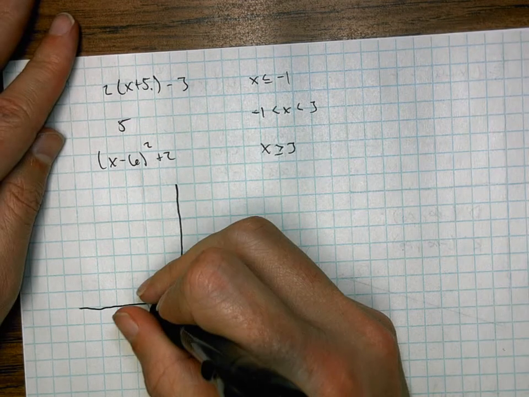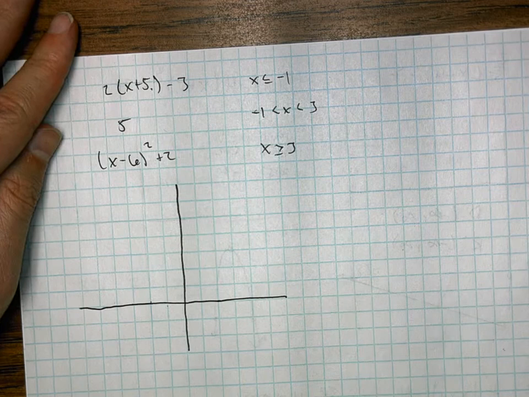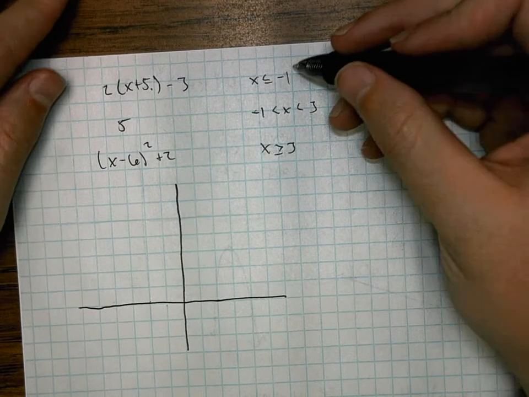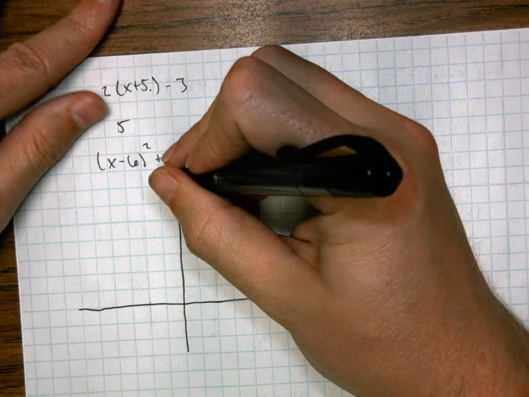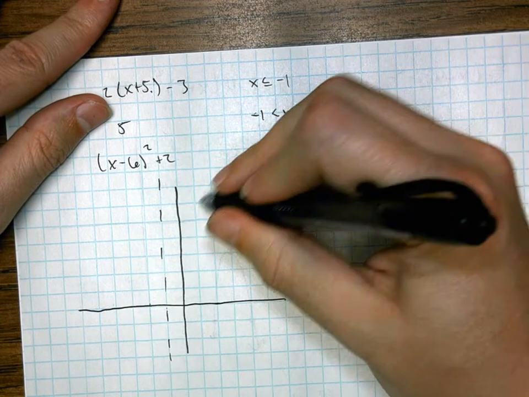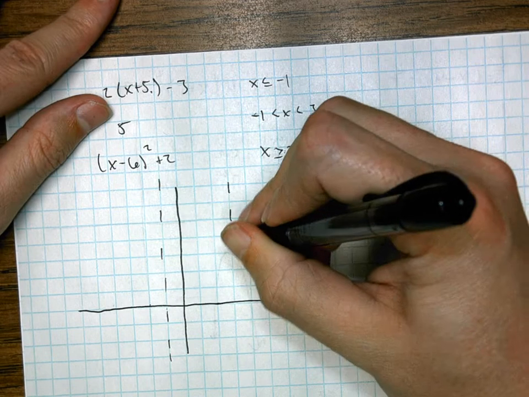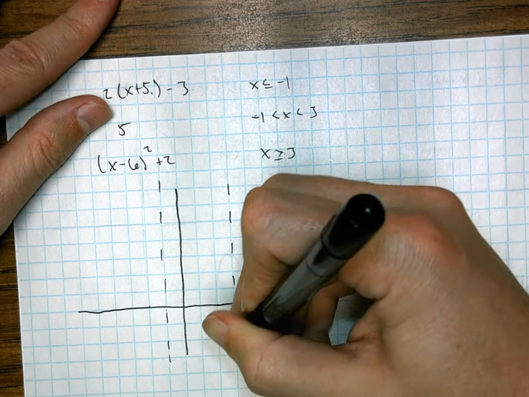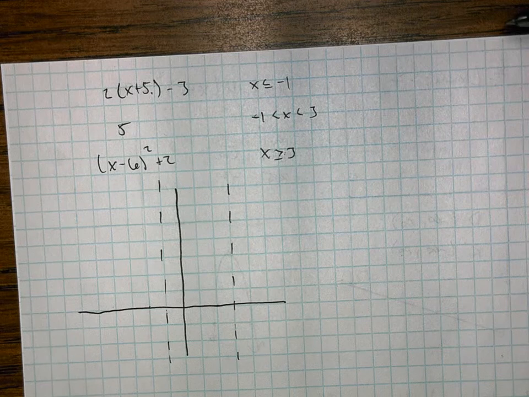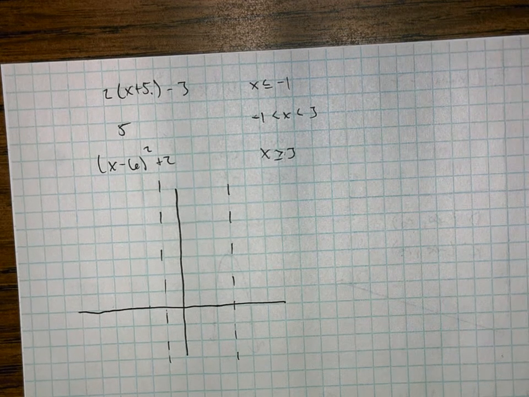First, let's take care of our domain restrictions. Negative 1, positive 3. Okay, so here we go.